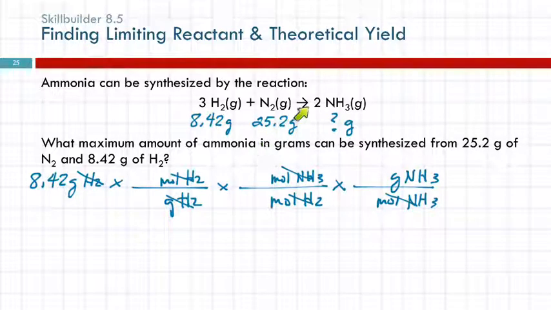Mole ratio, 2 moles of ammonia, 3 moles of hydrogen. We need a molar mass here, 2 times the mass of hydrogen, so 1 mole times 2.016. When you're calculating this molar mass, you're only looking at the chemical formula.